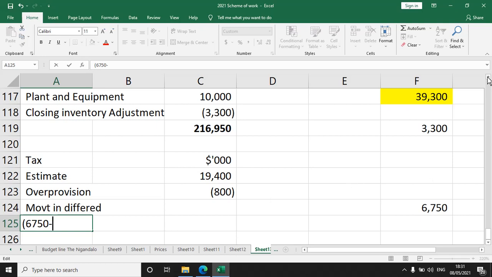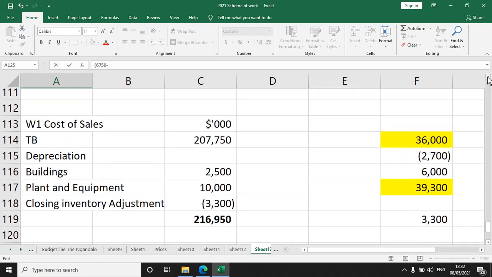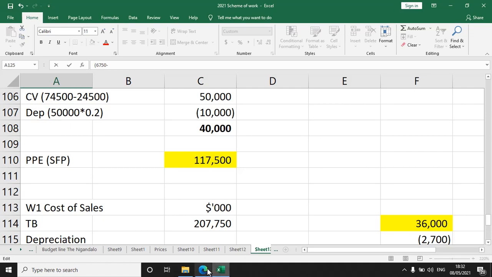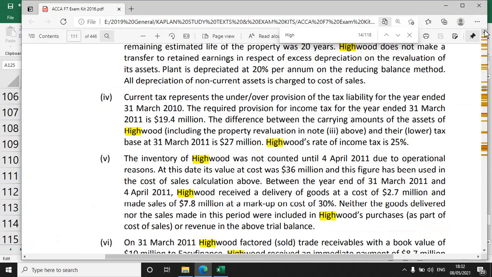Whenever you revalue an asset, the revaluation surplus attracts tax. So in our case, we needed to do some tax computation there on the revaluation, but I can get there later. Let me deal with the brought forward deferred tax.